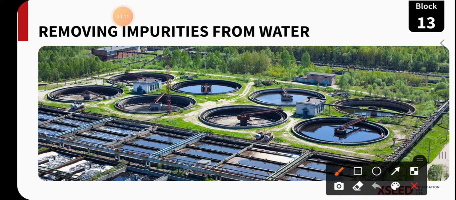In this 13th block, at first in 13.1 we understood how to make solutions and we prepared sugar solutions, salt solutions and everything. In 13.2 we came to know that there are some insoluble substances. Those insoluble substances are separated by a few processes like filtration, sedimentation and decantation.